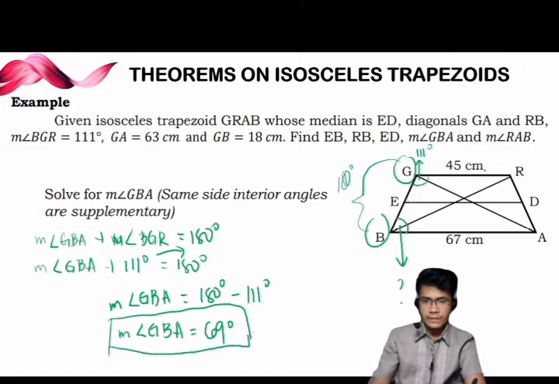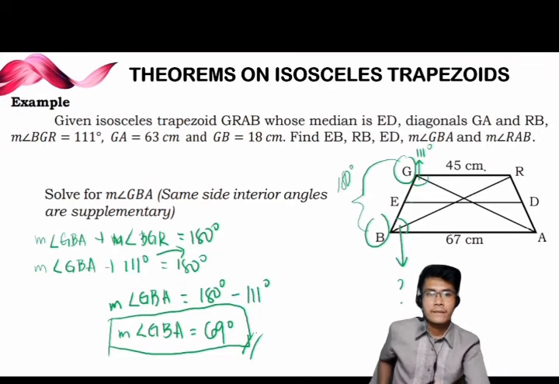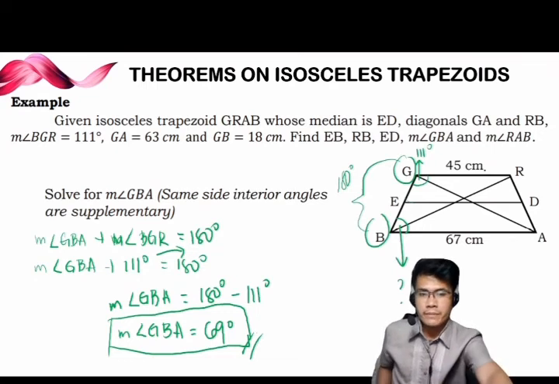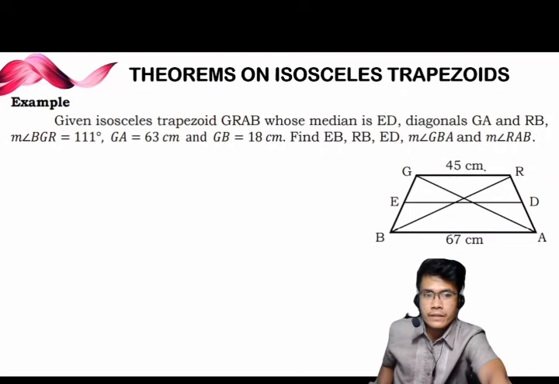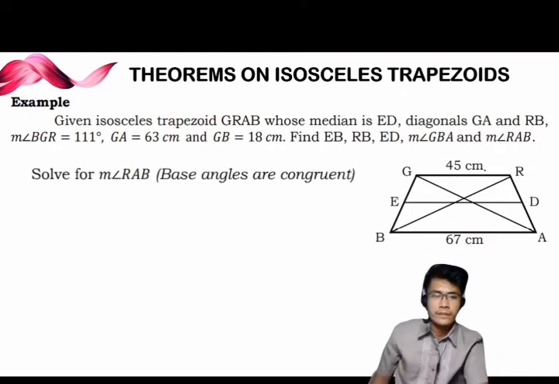Next, let's proceed to the measure of angle RAB. Angle RAB, base angles are congruent. Angle RAB is this angle. Our given is this one, which is 111, and we have found angle GBA, which is 69 degrees.